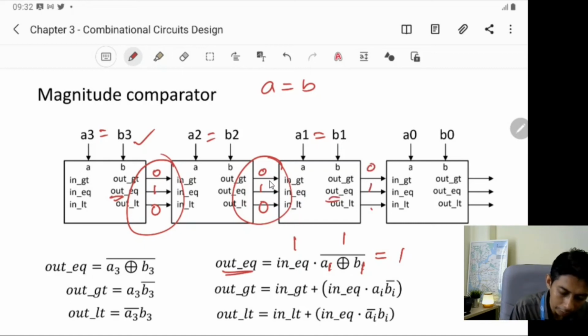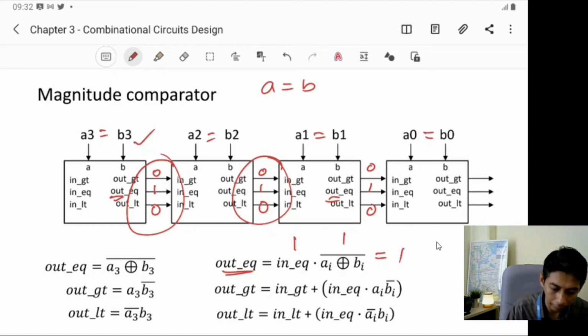Then 1. Alright. And again, the last bit, we assume that A0 equal to B0. So, same thing. We will have the input INEQ should be equal to 1. And the output here, using this one, should be equal to 1.